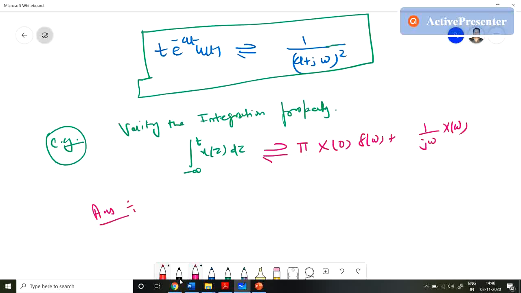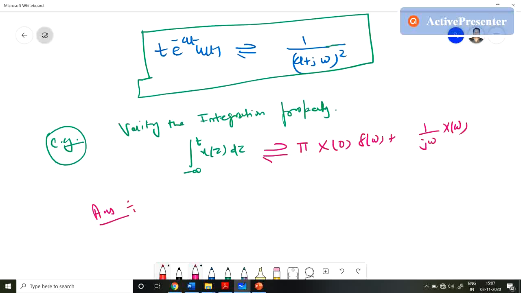Let us verify this property: the integral from minus infinity to t of x(tau) d tau is equal to pi X(0) delta(omega) plus 1 divided by j omega into X(omega).